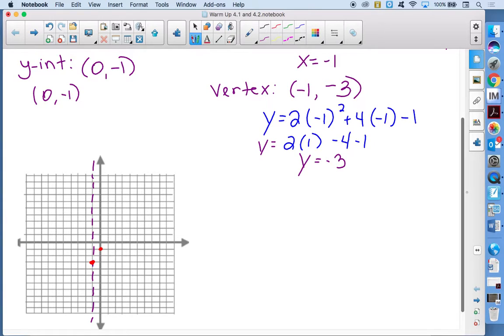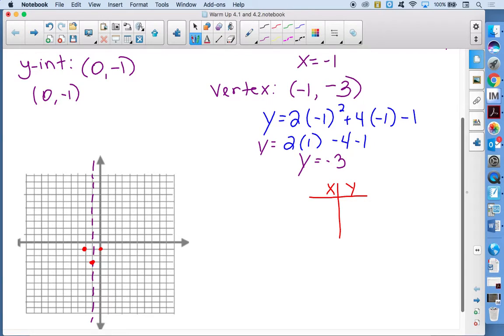So using the mirror image part, because of the axis of symmetry, I can also get a point on the other side of the axis of symmetry at -2, -1. So those 3 points are fairly close together. To get a parabola that's a little more detailed, I can pick 2 other x points.